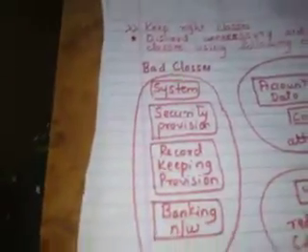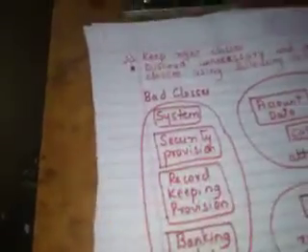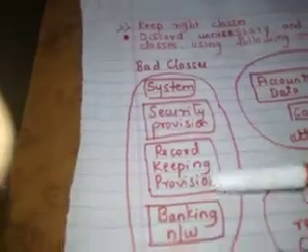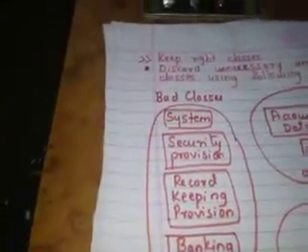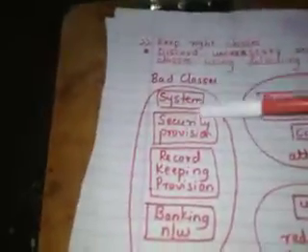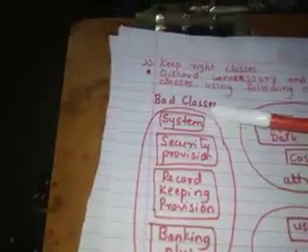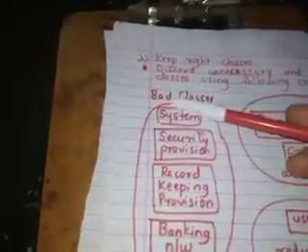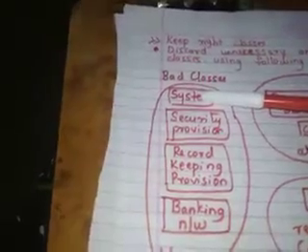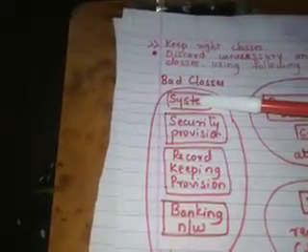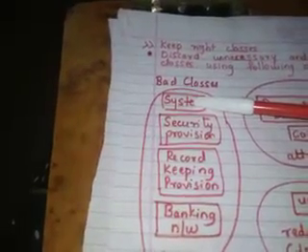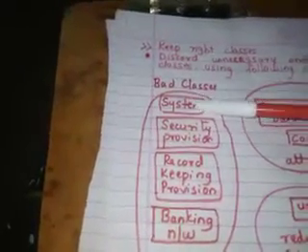So if you look at these words like system, security, record keeping and banking network. Now here if you look at the system, what system are you talking about? Are you talking about a computer system, ATM system, bank system, right? The word, even though it is a noun, is vague and has a large broad area of understanding, right? Always when the classes are to be identified, they should be very specific.